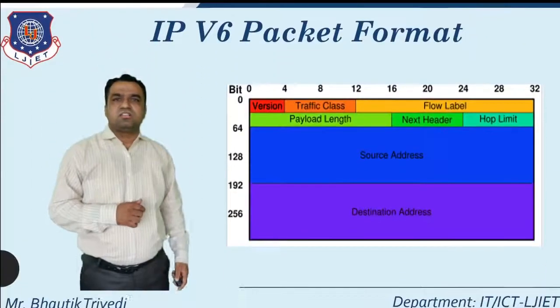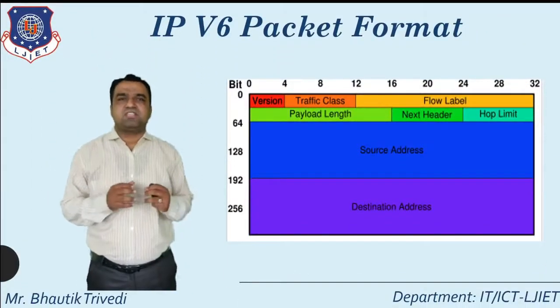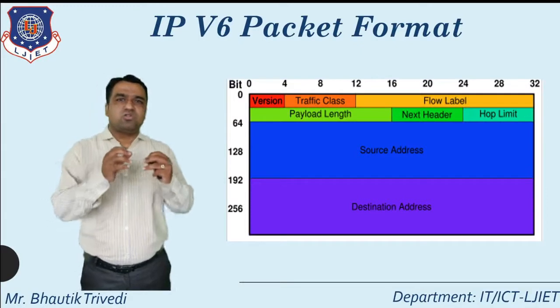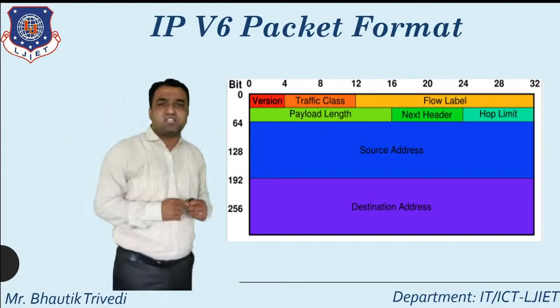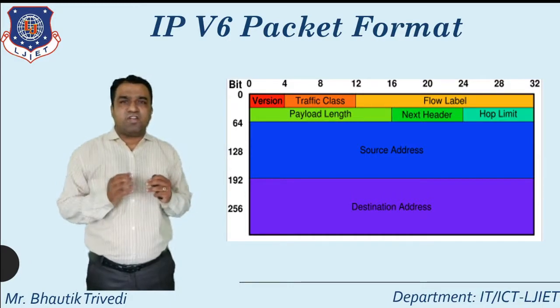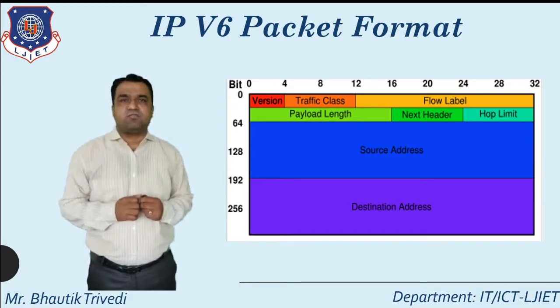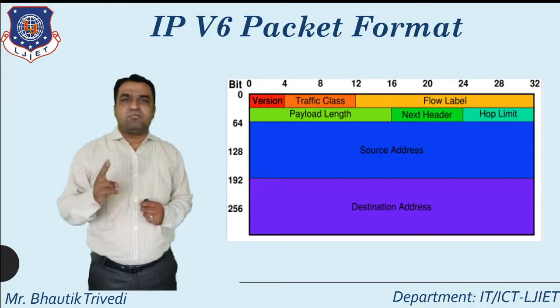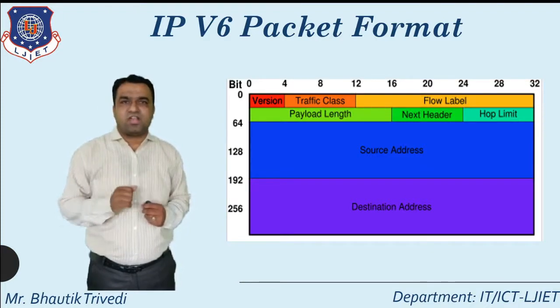So first of all, let's start with the IPv6 packet format. First of all, you should know the fields of the IPv6 packet format. There are mainly 8 fields. Field number 1 is the version. Field number 2 is the traffic class.